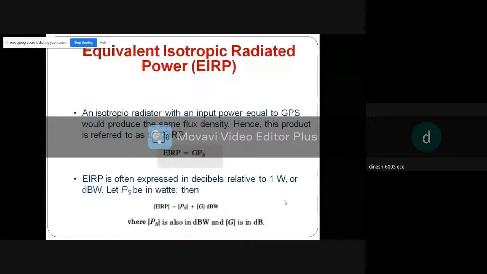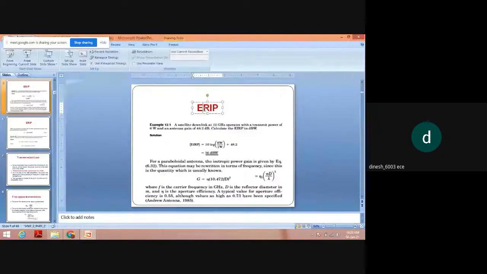EIRP is often expressed in decibels relative to 1 watt. So 10 log of 6 watts divided by 1 watt, plus the gain 48.2. So we get 56 decibel watts. So this is how to calculate it.